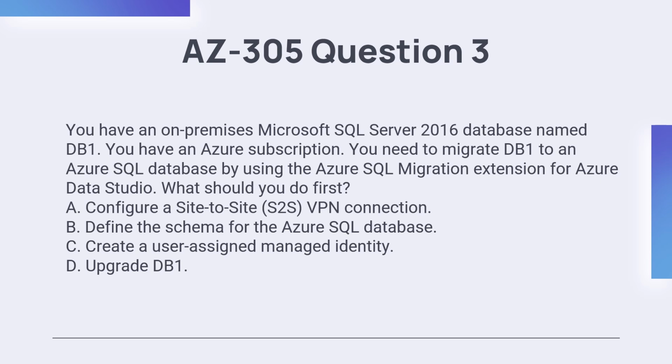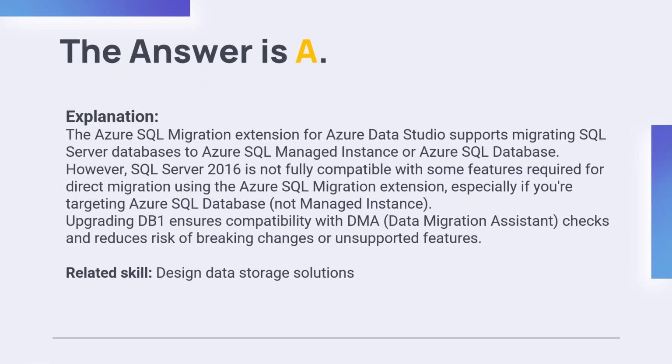A. Configure a site-to-site S2S VPN connection. B. Define the schema for the Azure SQL database. C. Create a user-assigned managed identity. D. Upgrade DB1. The answer is A.